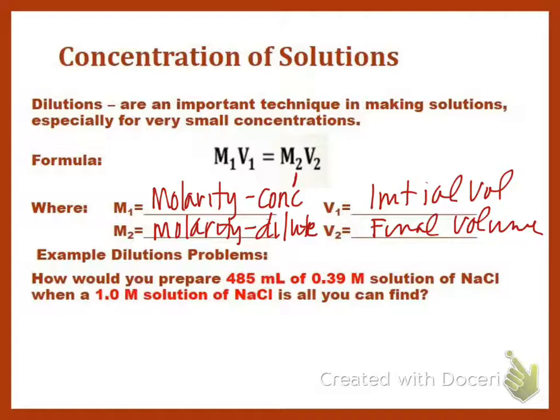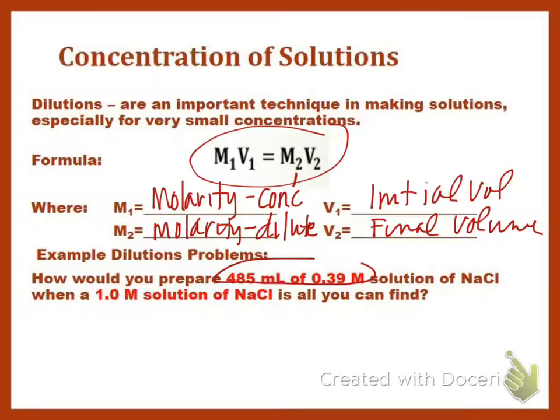Okay? So does that formula look vaguely familiar? What does it remind you of? Gas laws. Yeah, it works just like Boyle's P1V1 because they're proportional to each other, so it works the same way when you rearrange it. Okay, so this one example says, how would you prepare 485 milliliters of 0.39 molar solution?